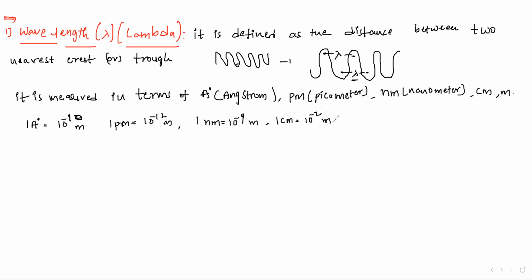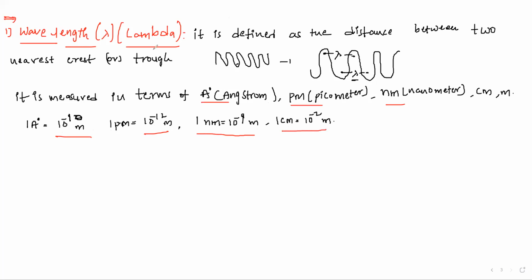Okay. These are measured in terms of angstroms, picometers, nanometers, centimeters, and meters. 1 angstrom equal to 10 to the power of minus 10 meters. 1 picometer equal to 10 to the power of minus 12 meters. And 1 nanometer equal to 10 to the power of minus 9. And 1 centimeter equal to 10 to the power of minus 2.